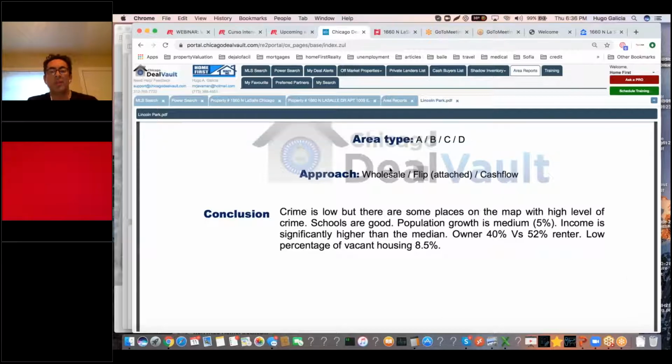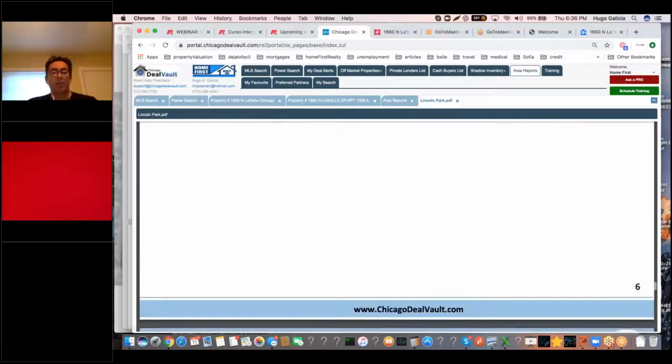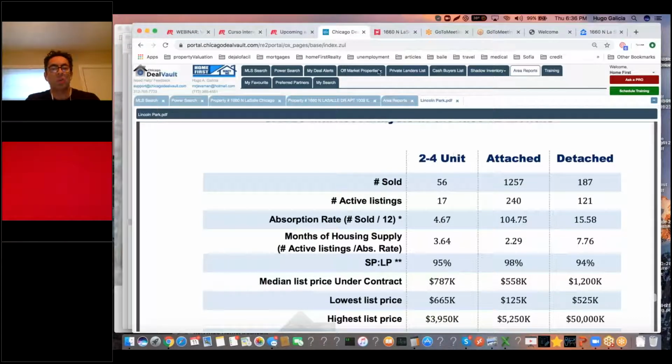So we recommend this is a flipping market, and then I'm going to tell you why. So I'm going to scroll down and give you the key indicator that this neighborhood supports flips. It's called months of housing supply. Okay, so it's 2.29.